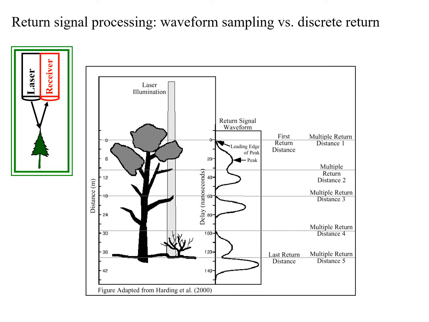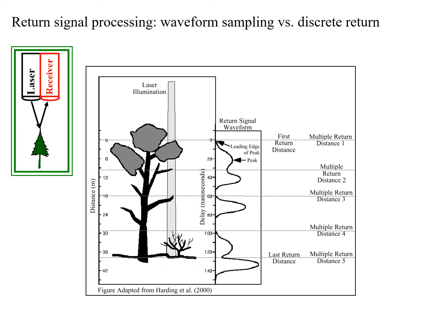You can imagine laser illumination, shown in a green beam, passing down through the atmosphere, interacting with a branch that has some foliage in it, then two dead branches, then a little shrub, and then the ground surface. That return signal we refer to as a waveform.